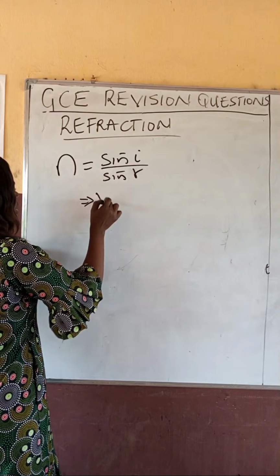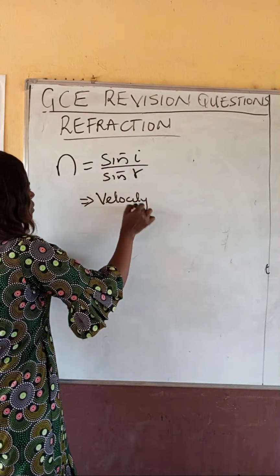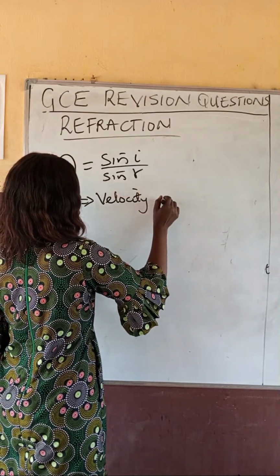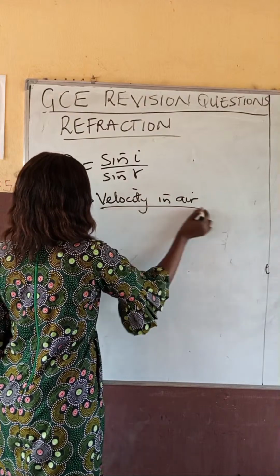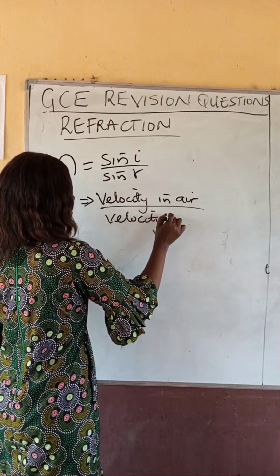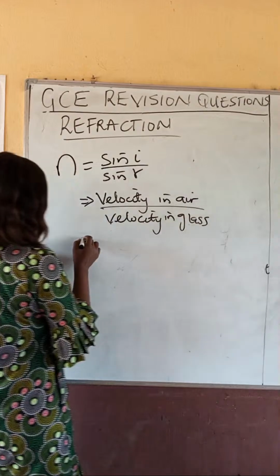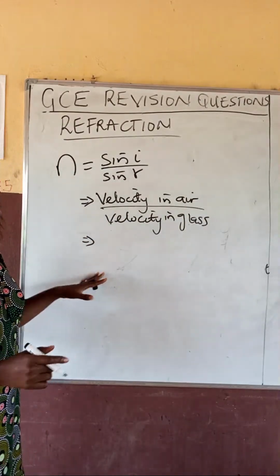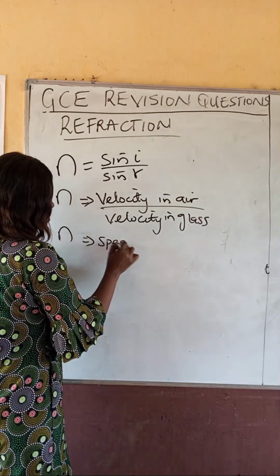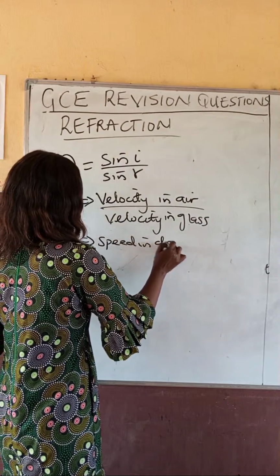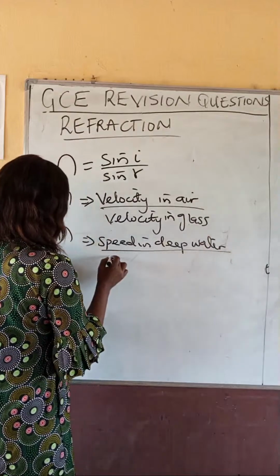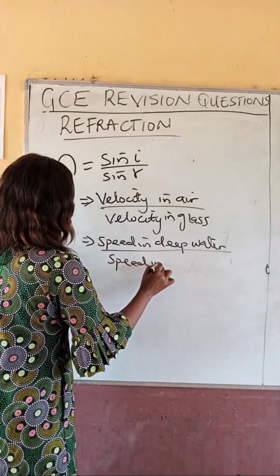Then it is equal to velocity in air over velocity in glass, okay? We can also say the speed in air over the speed in water, then this.